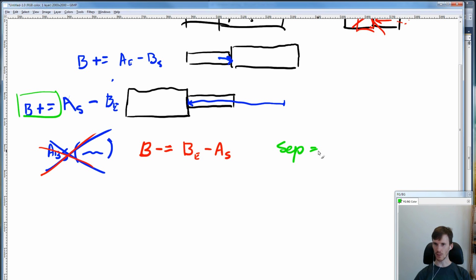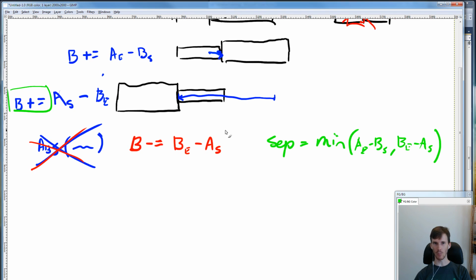So we have to do the code in a sort of funny way, because we could say separation equals the min of A end minus B start, or B end minus A start. So that will tell us the amount we're separating by, but it won't tell us the directionality of it.